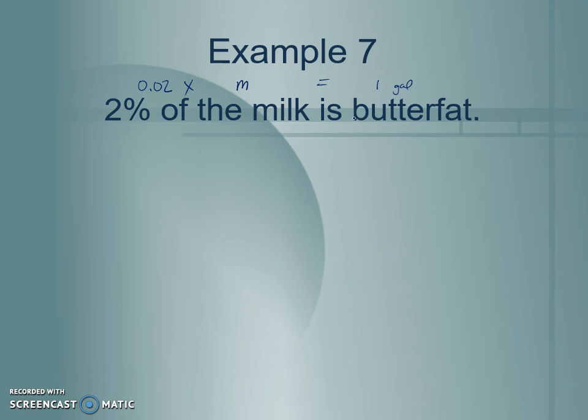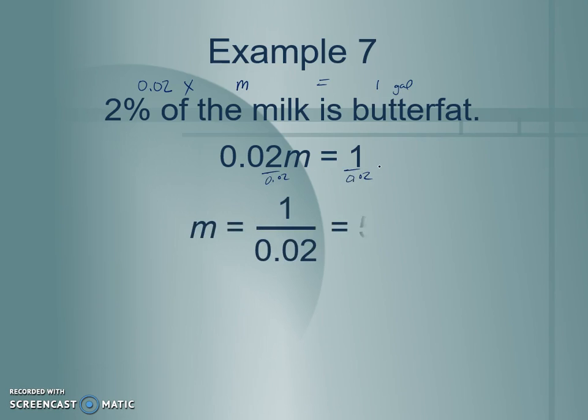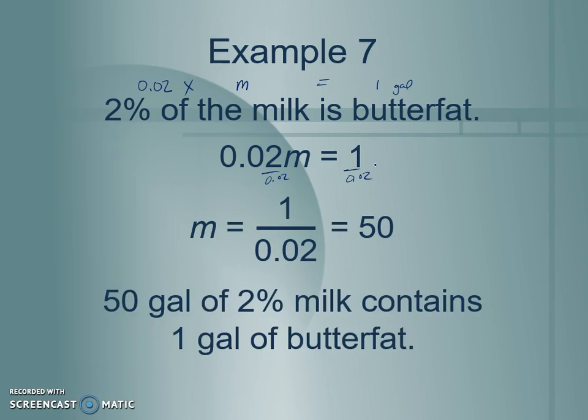So we have 0.02 M equals 1. Then we just solve. We get M equals 50. So we would need 50 gallons of 2% milk for 1 gallon of butterfat.